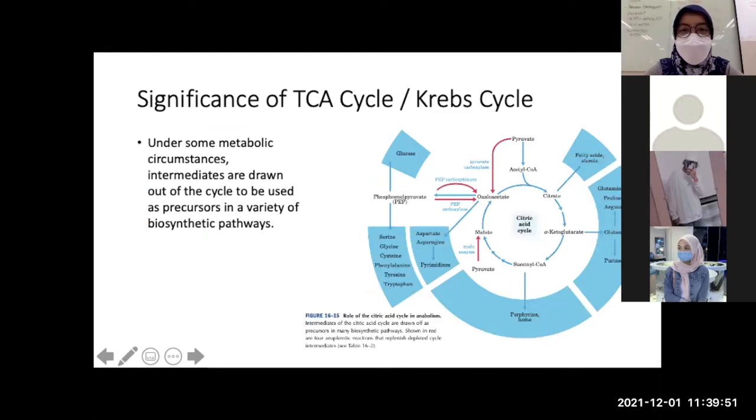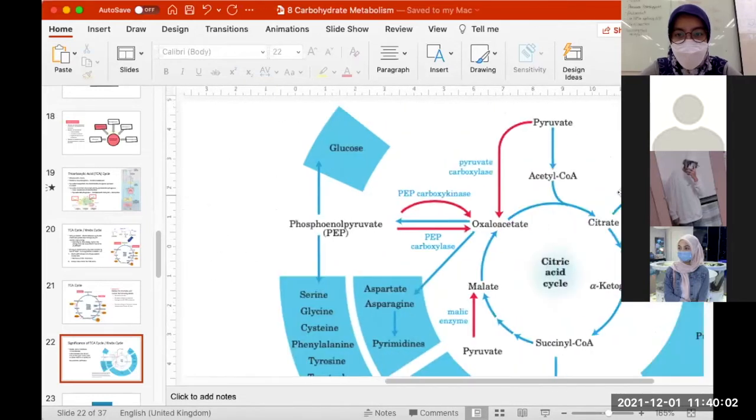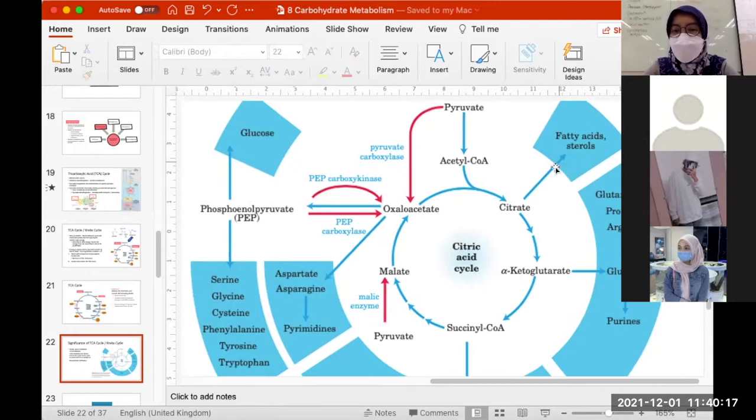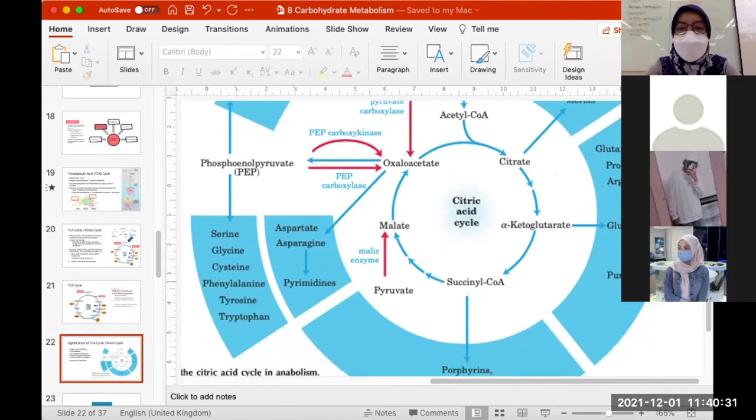Okay, let me zoom this a bit. So these are the significance. For example, one of the intermediates, citrate, is used to produce fatty acids in our body. Another example, alpha ketoglutarate, can undergo reactions and form glutamate, a type of amino acid which is important to build protein.